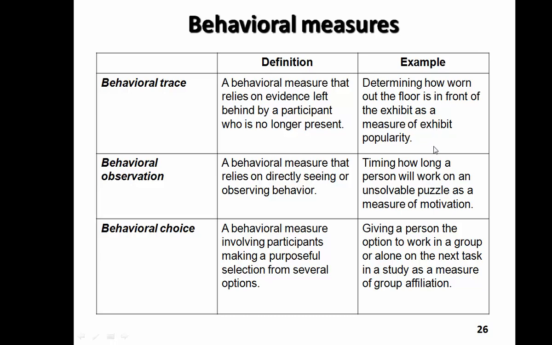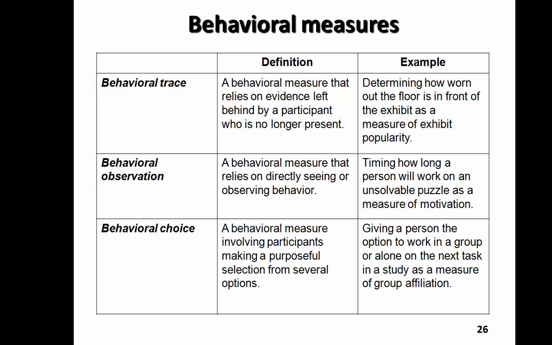In terms of behavioral observation, the timing of how long it takes a person to solve a puzzle that is unsolvable is direct observation. With behavioral observation, this can be done in a quantitative way, using a stopwatch to measure that length of time, or it can also be done qualitatively by observing children playing.